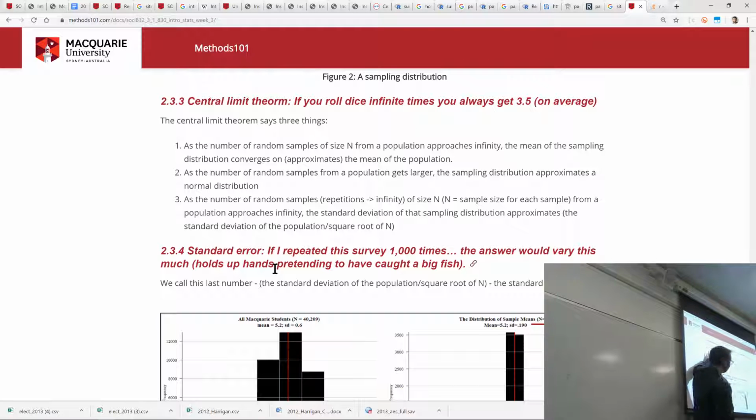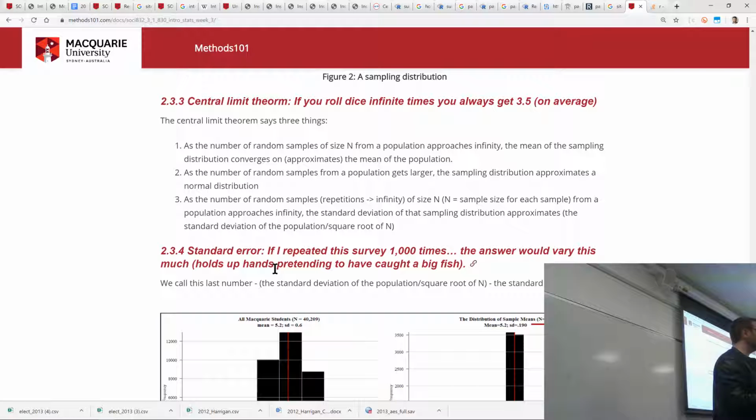So the central limit theorem just allows us to calculate the standard error. Basically, the central limit theorem allows us to know that the maths we do for the standard error works, for lots of different statistics. And the standard error allows us to know how accurate our estimate is and what range it's going to fall within.